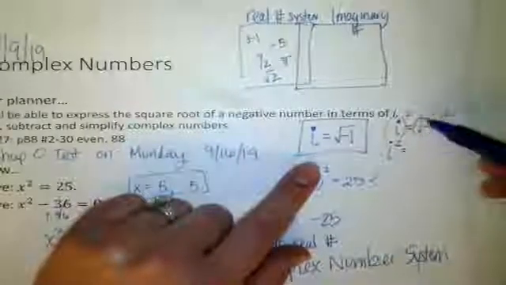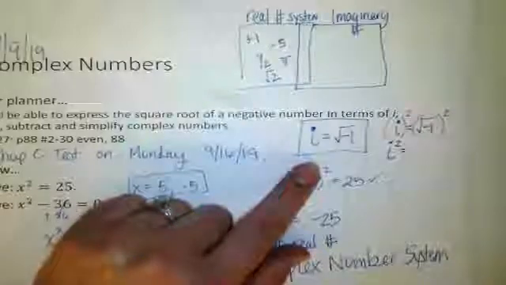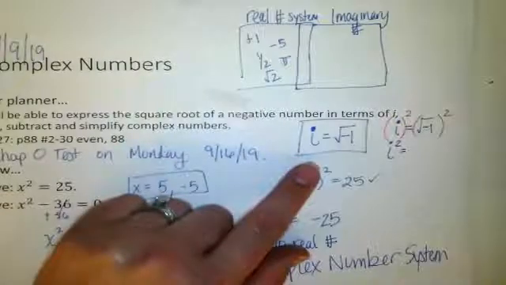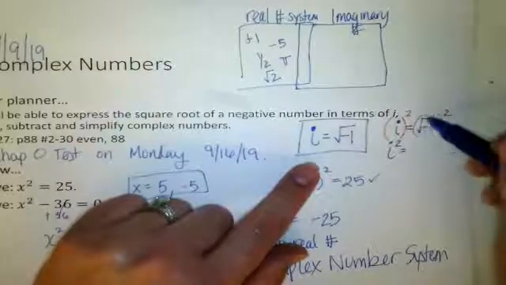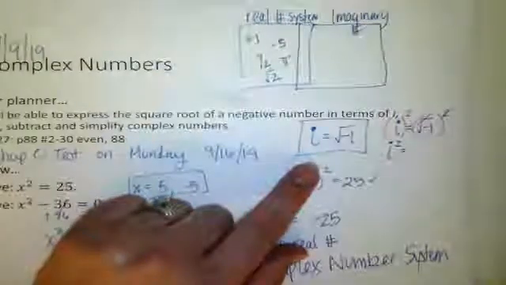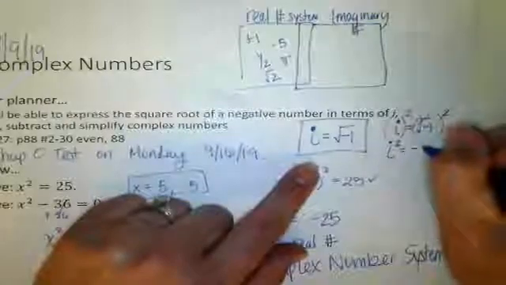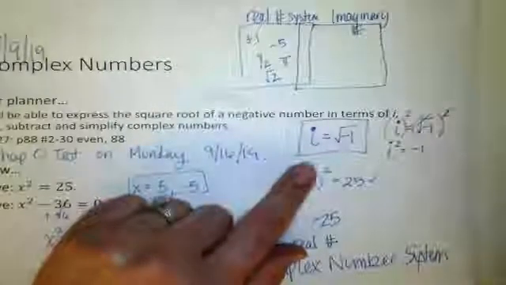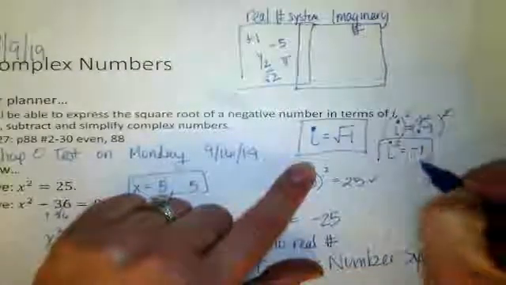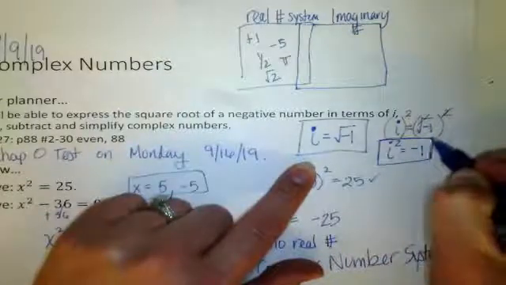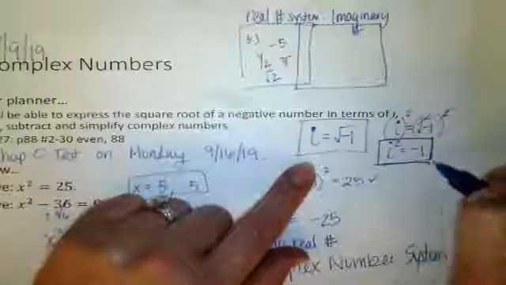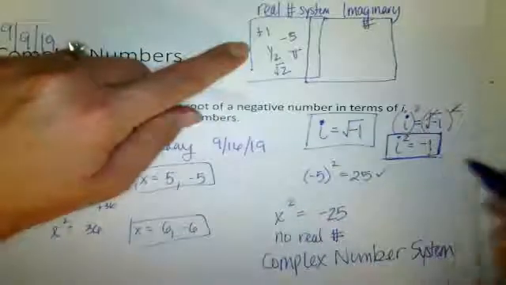But what is the square root of -1 squared? -1. The square root and the square sort of undo one another, and what are we left with? -1. Well, that's very interesting. So it turns out that when we take an imaginary number and we square it, what do we get? -1. We're back in the real number land. Hey, that's kind of cool.